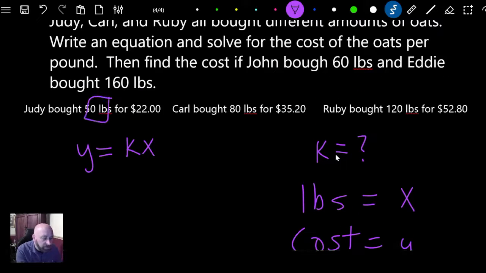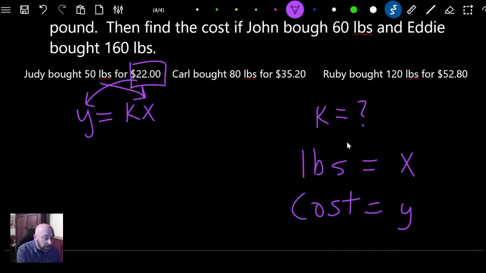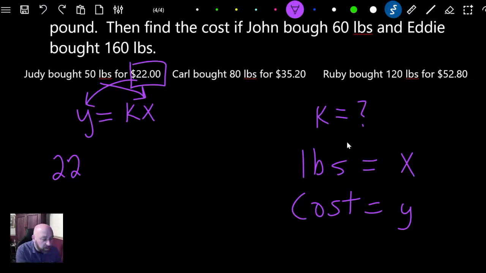So if Judy bought 50 pounds, that's how many pounds, so that goes in for the x. The $22 is our cost, so that goes in for the y. So watch this: $22, and we'll just leave it at 22, we don't need the 0.00 on that, equals kx. We don't know what k is, but we do know what x is, 50 pounds.